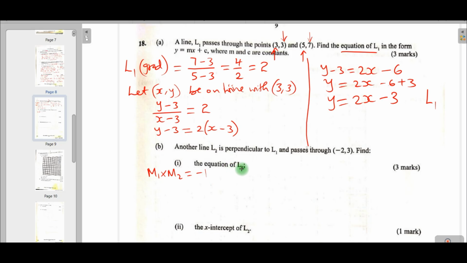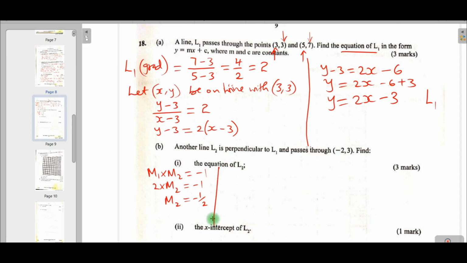And therefore, the gradient of L1 is M1, which is 2. So 2 times M2 is equal to -1. Therefore, M2 will be -1/2. So this is the gradient for L2.